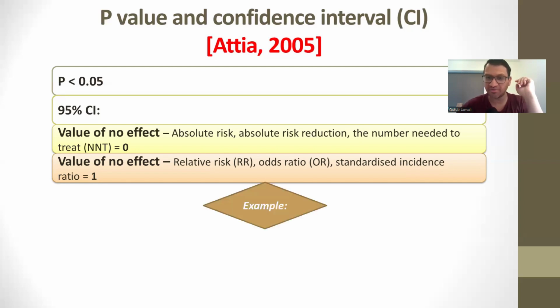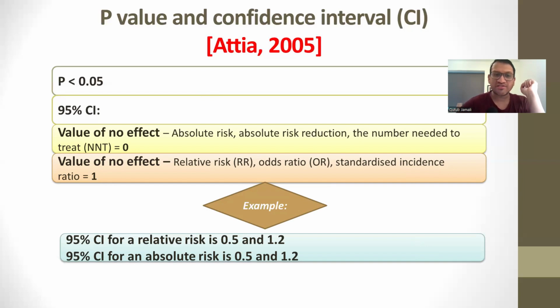Now, let's take an example. Say you're reading an article and it's mentioned that the 95% confidence interval for a relative risk is 0.5 and 1.2. So it will be in brackets, between 0.5 and 1.2, the confidence interval. So we know that in relative risk, the value of no effect is 1. Now, what does that mean?